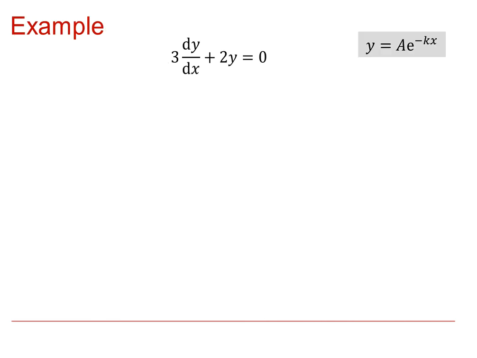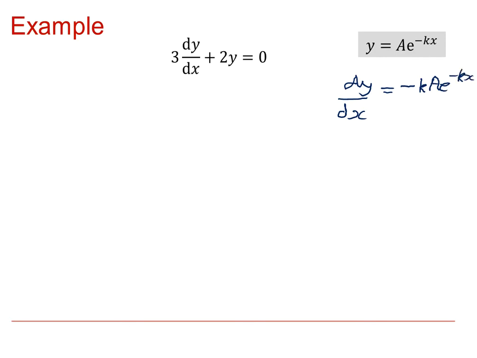Let's consider this example here. We know that the solution is going to be of the form y equals a e to the minus kx. Therefore, dy by dx would be of the form minus k a e to the minus kx.